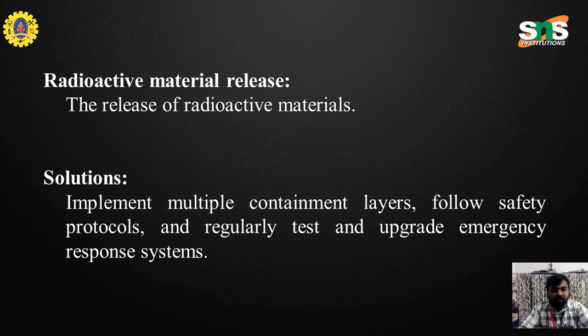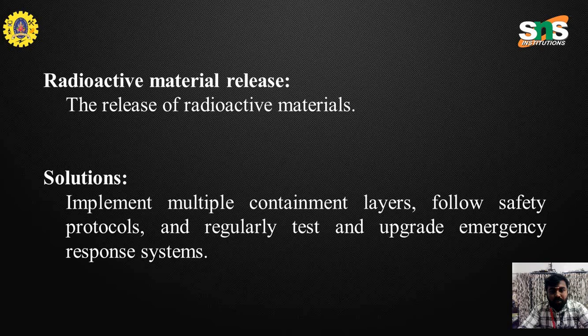Another issue is the radioactive material release. The main disadvantage of the nuclear power plant is the radioactive disposal, and it is also harmful to humans as well as the environment. So the release of radioactive materials is very dangerous.